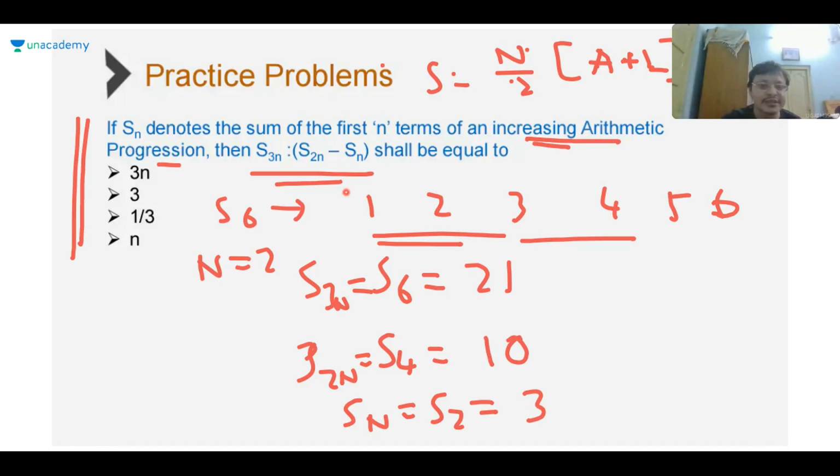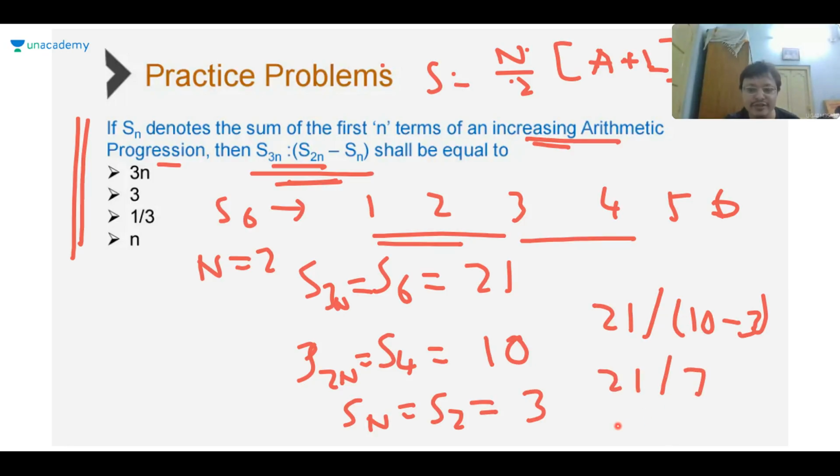So effectively, this expression boils down to 21 divided by (S2n, which is 10, minus Sn, which is 3). So the answer comes out to be 21 by 7, which is equal to 3. Hence the answer is option B, that is 3.